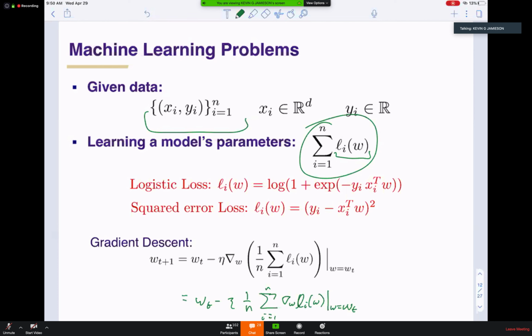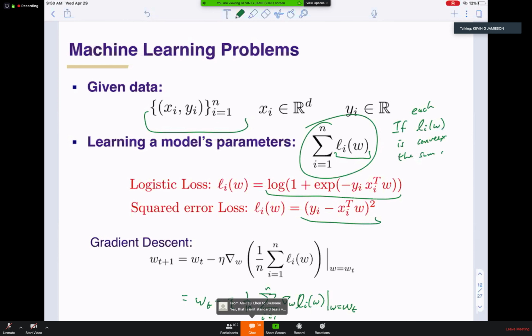Then we can define our update where for each one of these loss functions we're taking the gradient of just each individual L_i, which is very simple. We can compute these very easily, and we do our gradient descent algorithm. If each is convex, the sum is convex.